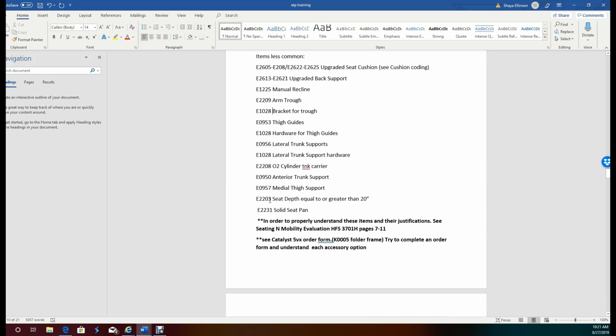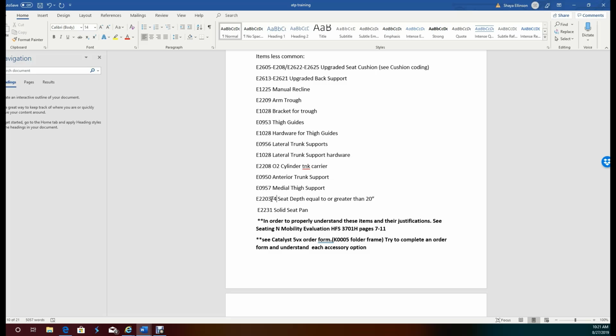E2203, seat depth equal or greater to 21, or E2231 is a solid C-pan. Now, E2203 can also be E2204. Depending on the seat depth, again, always a good idea to get your quotes in first so we know exactly how it's coded, what the seat depth is, if it's E2203 or 04. Deeper than 20 inches, there's an upcharge from the manufacturer, and therefore it is another reimbursable item.